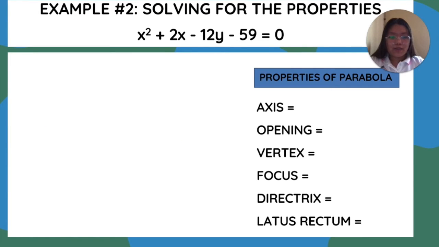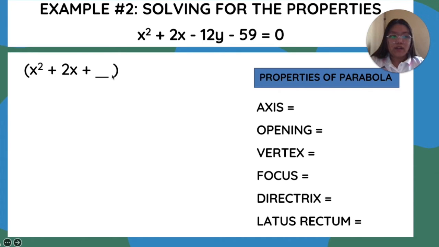For our next example, we will be solving for the properties of the parabola given its general equation. So the given is x squared plus 2x minus 12y minus 59 is equal to 0. First we need to move all the x variables on the left hand side, so it will be this.